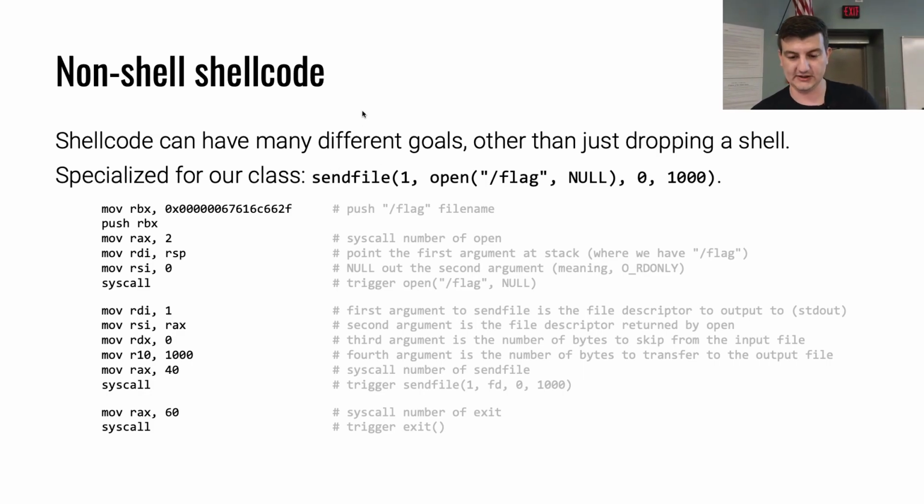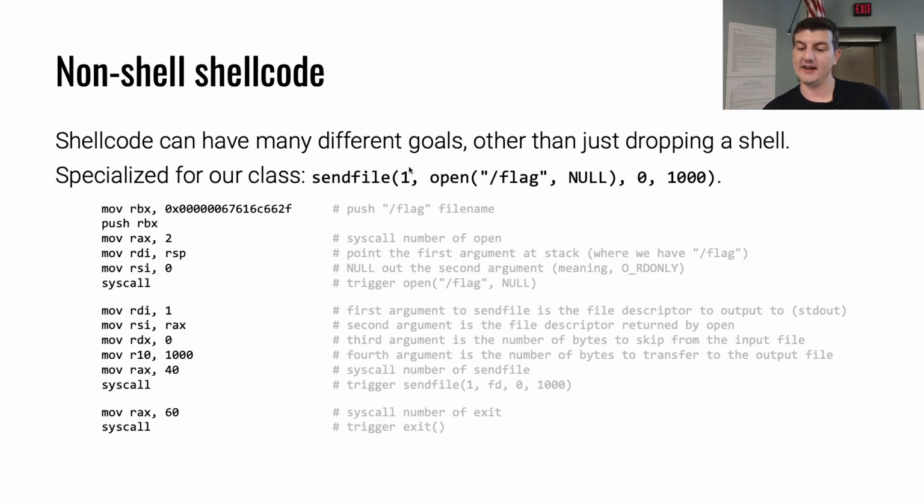This example is calling open on the flag and then sending that file to file descriptor 1. What's file descriptor 1 normally? 0 is standard input. Standard output, yes. So send whatever is in that file to standard output.